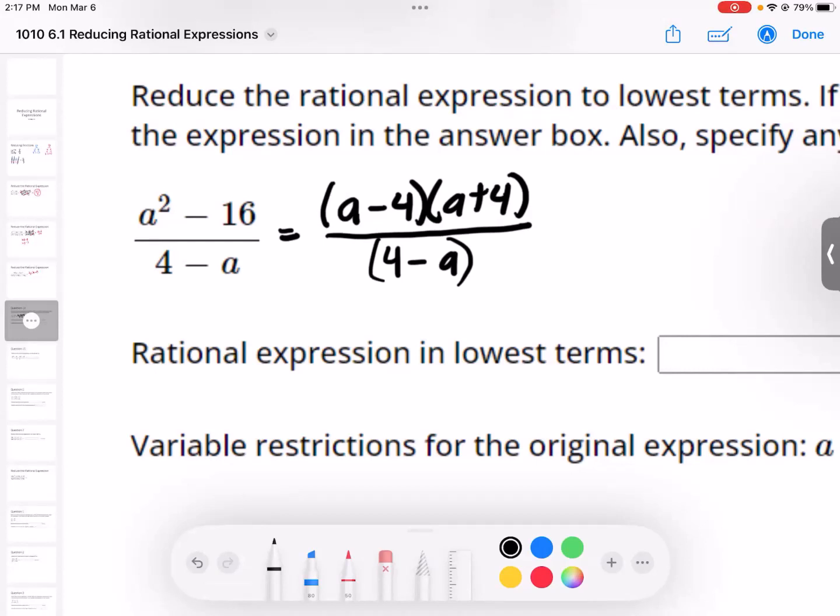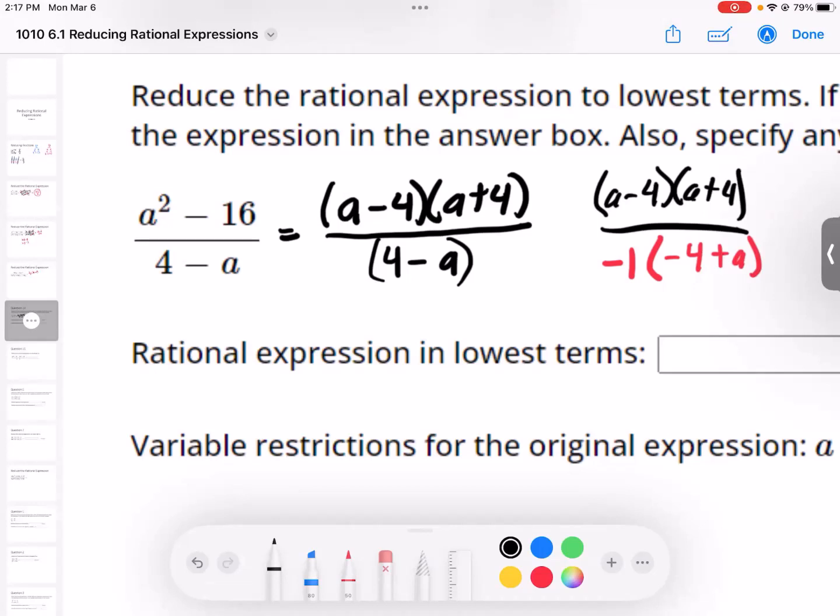And so what I could do is factor out a negative 1 from the bottom. So if I did 4 divided by negative 1, that would be negative 4. Negative a divided by negative 1 equals positive a. And that makes it the same as a minus 4. Does that make sense?